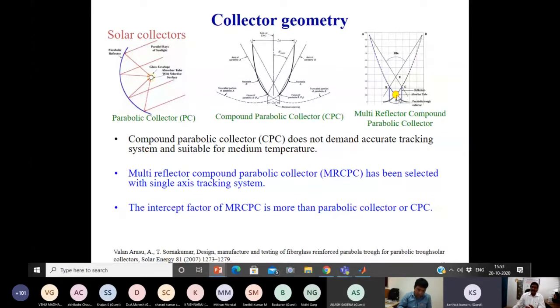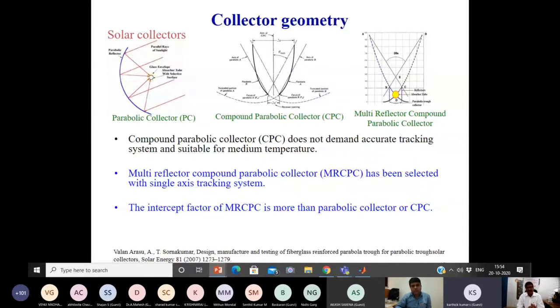So that the receiver, we see the yellow circle, always receives the sunbeams in all 360 degrees, as per the geometry, because our tracking is a passive tracking system. In passive tracking, we should not match it with the existing collecting systems like parabolic concentrating collectors.